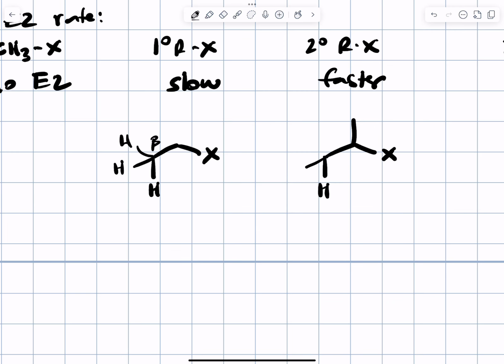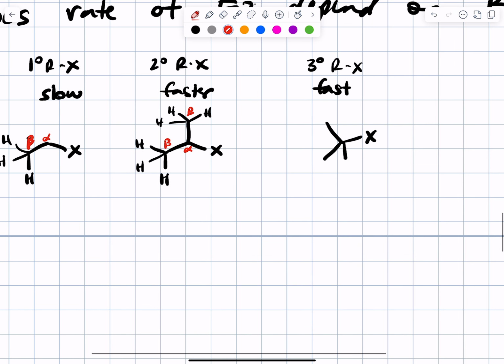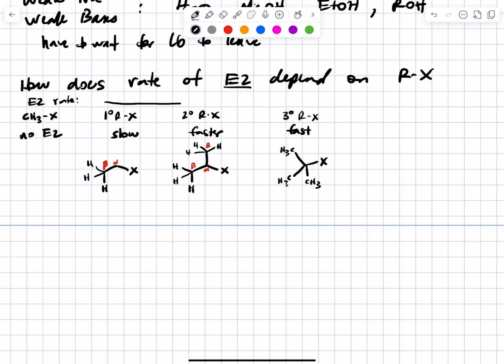And you're going to see that as we increase the number of carbons attached to the alpha carbon, here we have 2 beta carbons, here we have 3, you see that we multiply the number of beta protons available. So one of the reasons E2 is faster for tertiary alkyl halides is you've got an increased number of options, more beta protons available. So that's the easiest explanation.